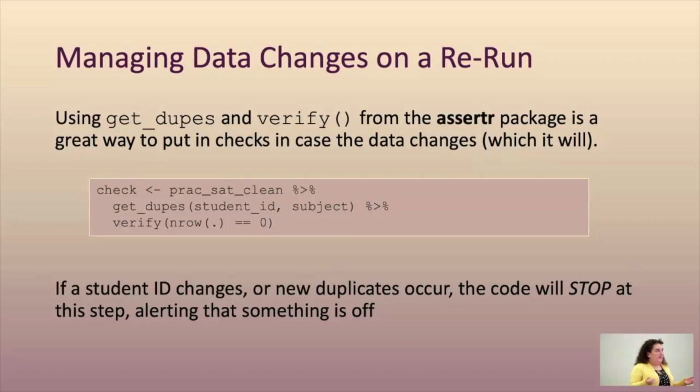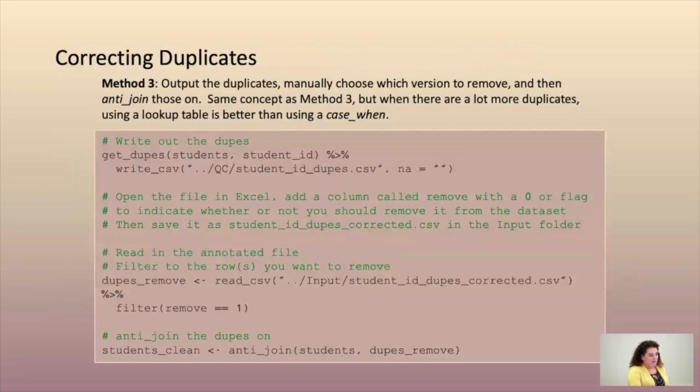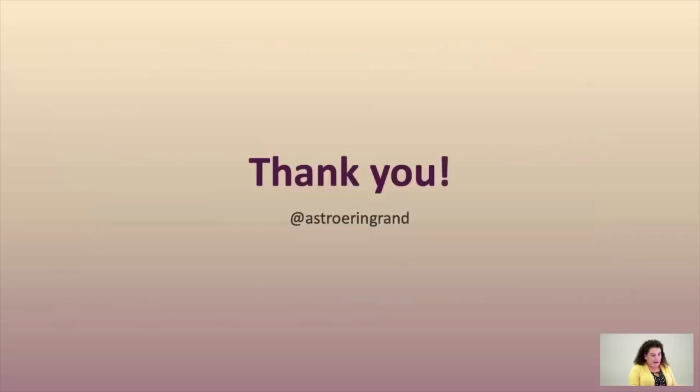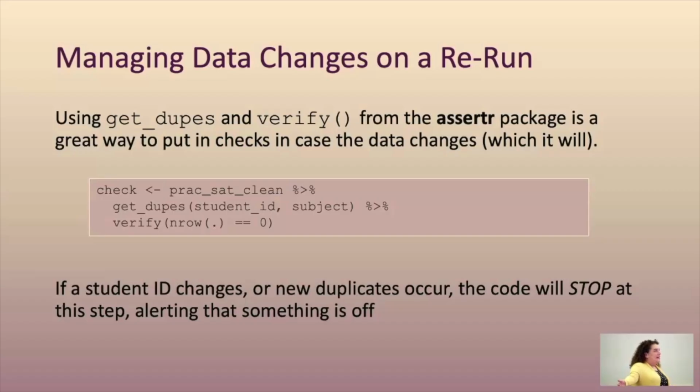And then when it stops, go back and do this, where again, write out the data, send it to some of my teammates to go fix the data, read it back in, remove it, send it to my engineering folks to go fix the data systems, et cetera. And this happens every 2 months, because school students are always moving between schools, and that's fine. All right, so then you end up with a clean data set, and you can rerun your code.